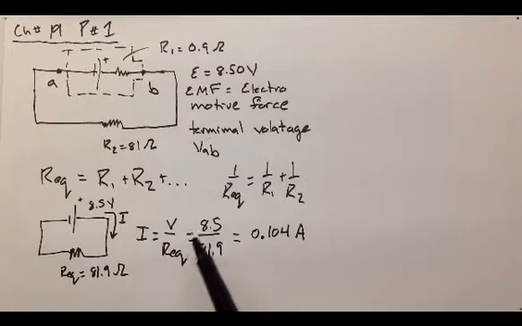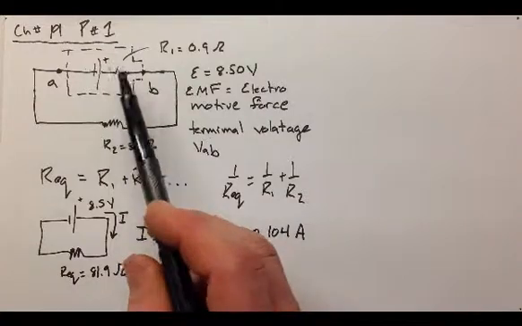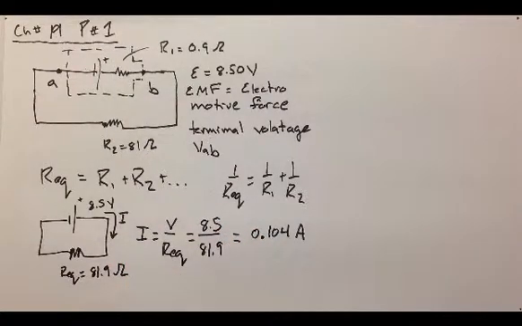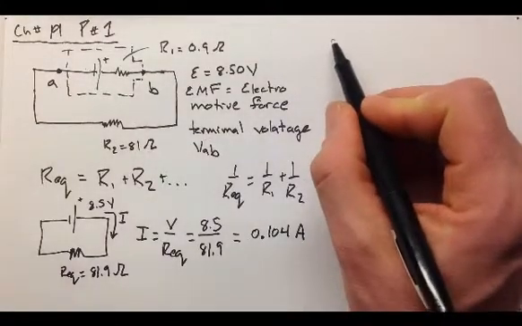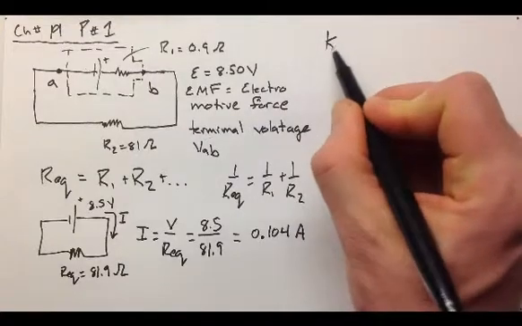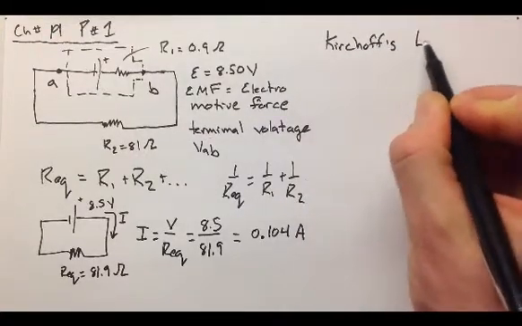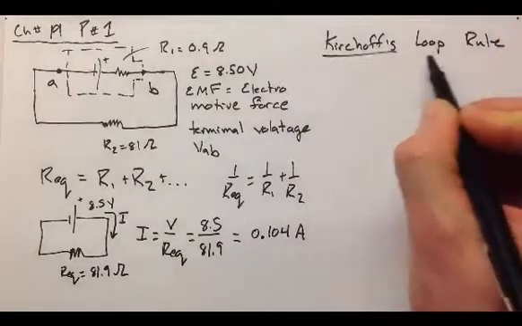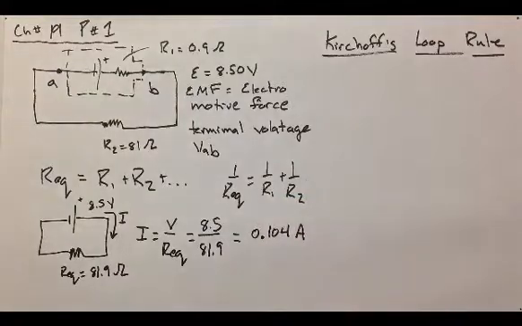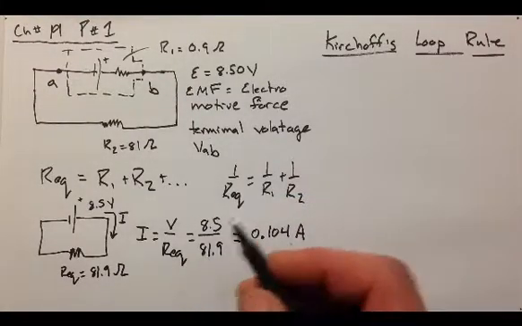Now, how much of this voltage gets lost across this resistor? To figure that out, we're going to talk about something called Kirchhoff's loop rule. Kirchhoff's loop rule states that the sum of the potential changes around a closed loop must be 0.